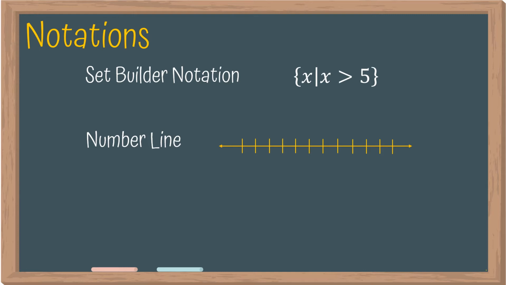So, doon sa discussion natin kanina, sabi natin, if we make use of the less than symbol and a greater than symbol, it goes with parentheses. And we have the open circle in some books. On the other hand, kapag ang ginamit natin ay less than or equal to, or greater than or equal to, it goes with brackets, and we have the closed circle.